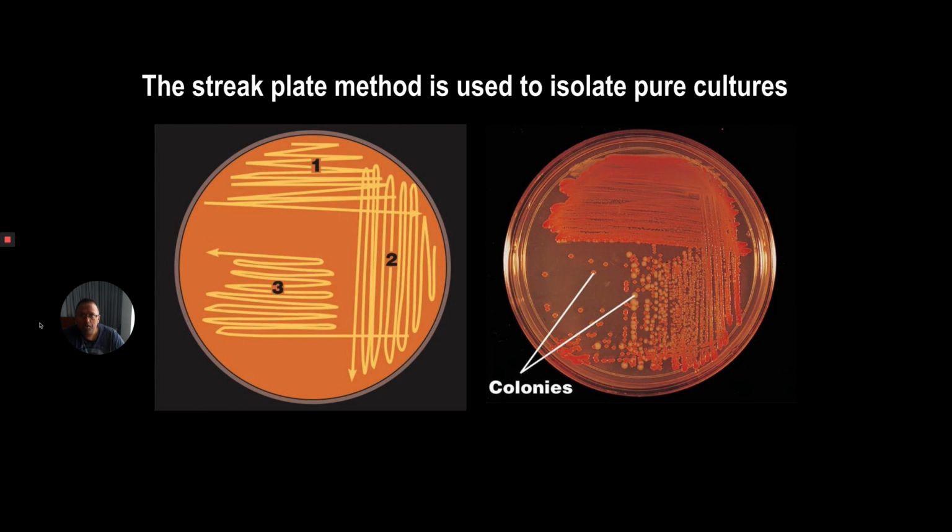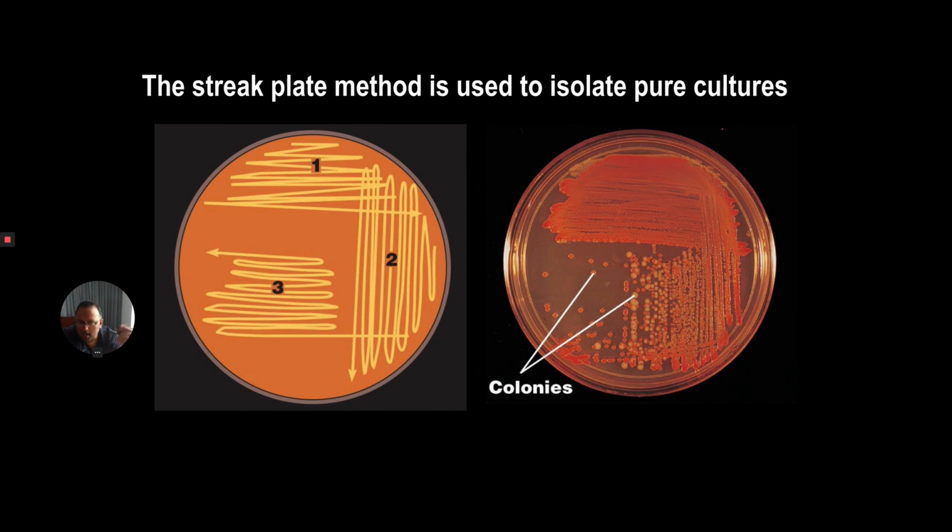And so the streak plate method is used to isolate pure cultures. So you can see here, stroke one, so what you do is you would take your loop, you would dip it into a culture, and then you would spread it on that plate like seen in one, right? And then you would make stroke number two, and stroke number two would intersect with one at several points.